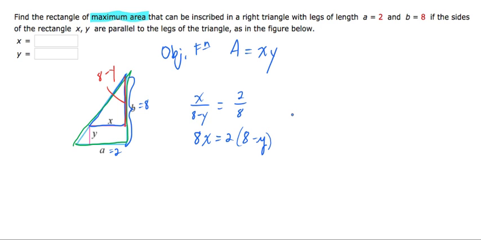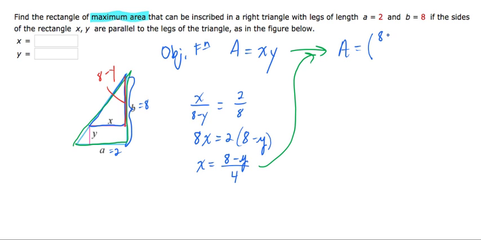I'm going to solve for x because that looks easier from here. Dividing both sides by 8, we have 2 over 8, which simplifies to 1/4, so x equals (8 minus y) over 4. Then we can plug that into the area function: the area is equal to x times y, where x is (8 minus y) over 4, times y.